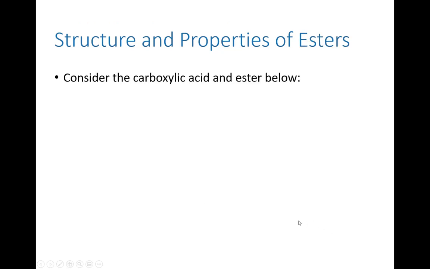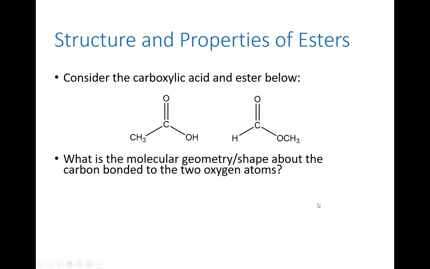What about esters? Well, here I have a carboxylic acid on the left, and here I have an ester on the right. First of all, let's look at both of these compounds quickly before we get into too much detail about the esters. What is the geometry on these carbon atoms? Well, look at the carbon and how many atoms it's bonded to.